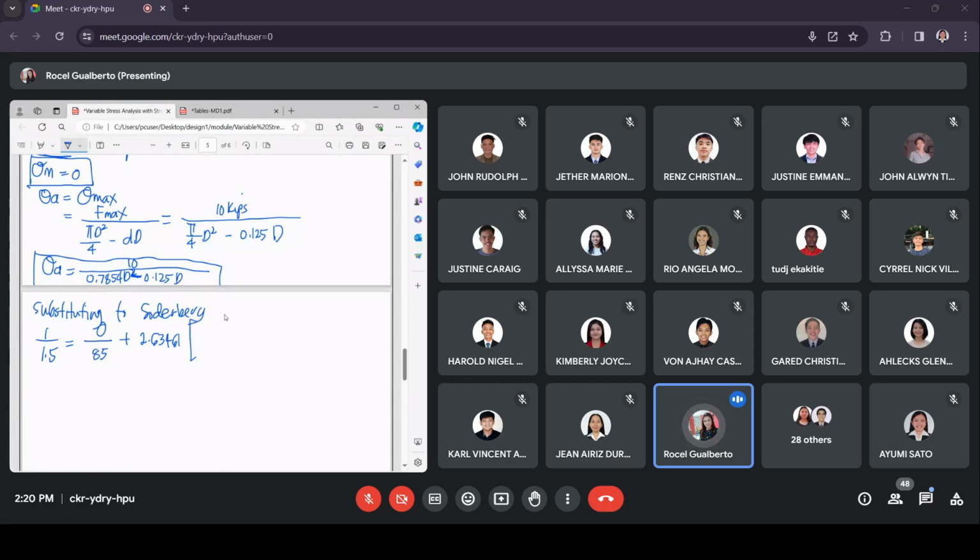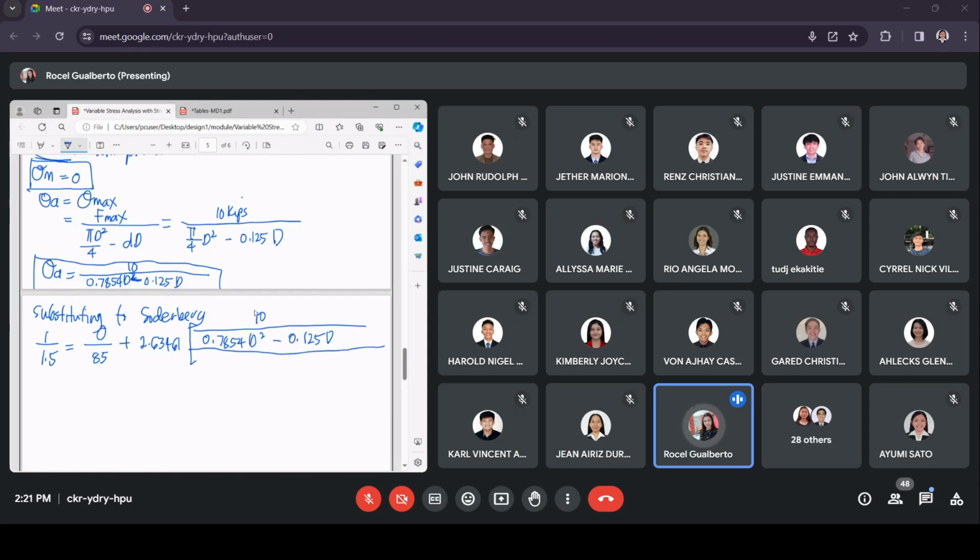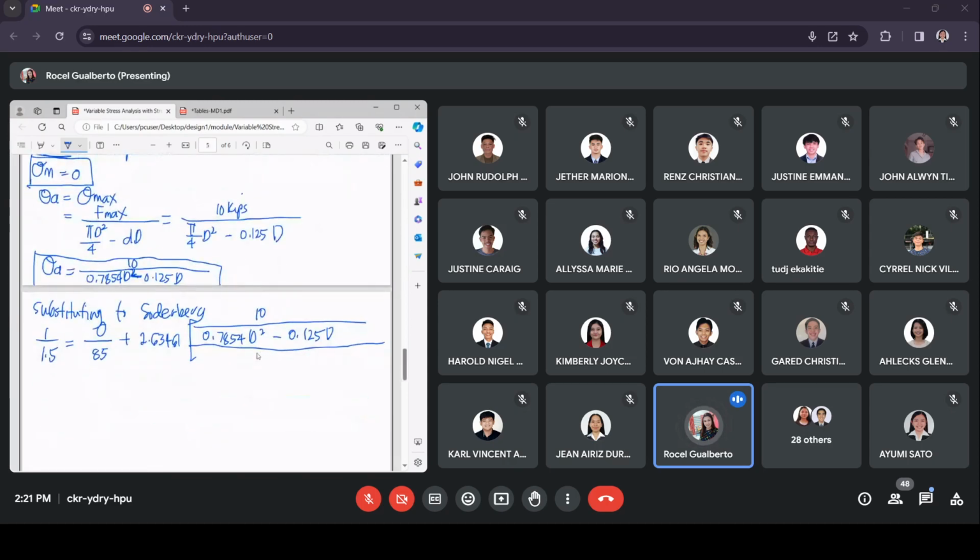What is sigma a? You have 10 divided by 0.7854 d squared minus 0.125 d, and then divided by sigma n. What is the value of sigma n? 35.7.